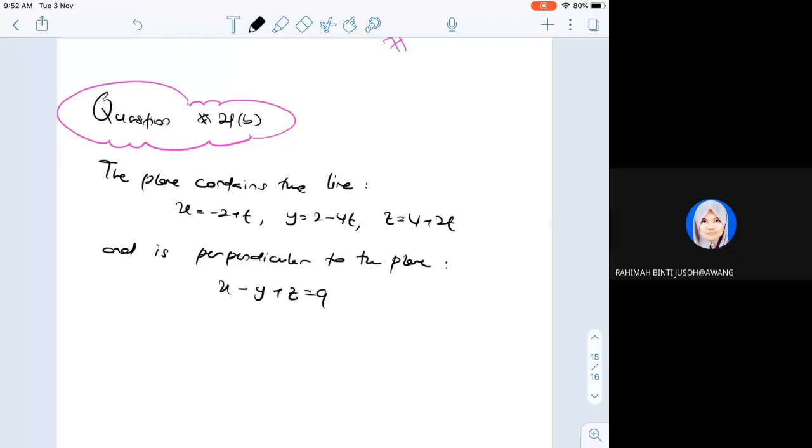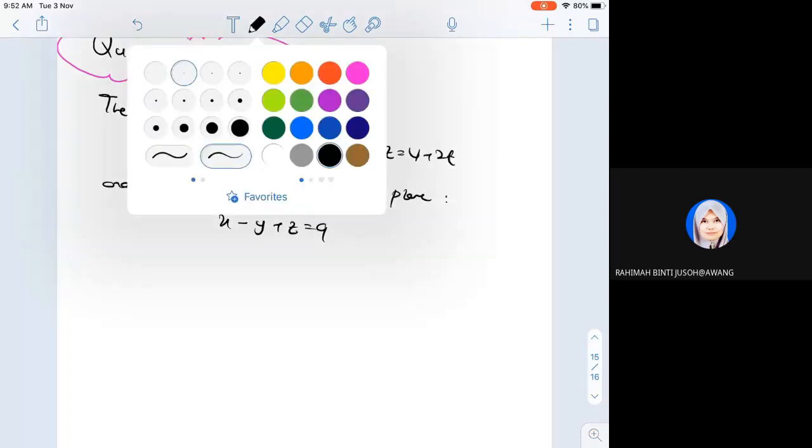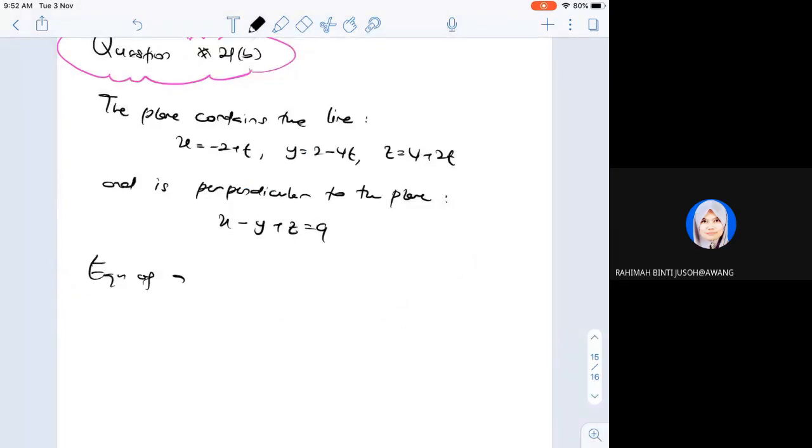Okay guys, so in order to form the equation of a plane, what do we need? We need to have a P naught of x naught, y naught, and z naught, and we also need the normal vector of A, B, and C.